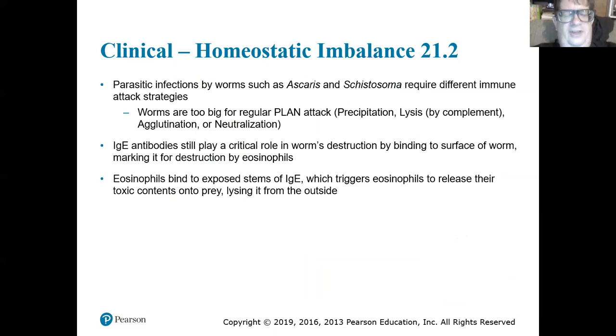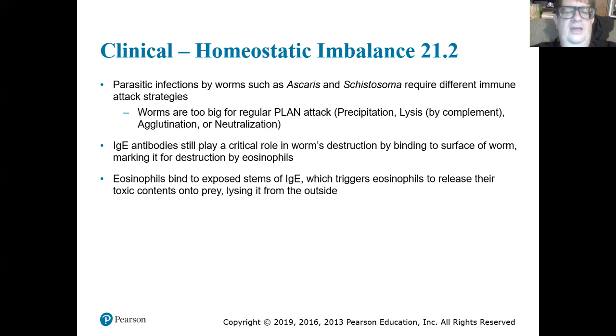Eosinophils bind to the exposed stems of IgE. That's kind of convenient and easy to remember, isn't it? The eosinophil binds to IgE, which triggers the eosinophil to release toxic contents onto the prey, lysing it from the outside.